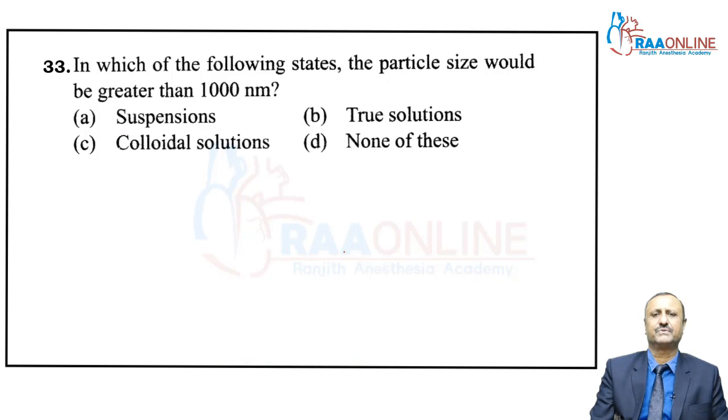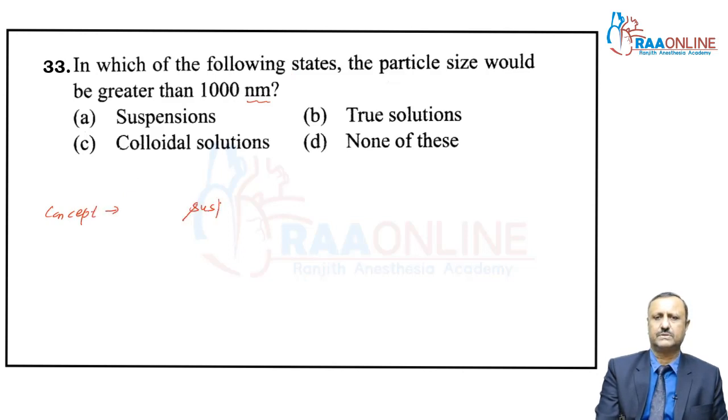Now, question number 33. In which of the following states would the particle size be greater than 100 nanometer? My dear students, when the particle size is greater, a colloidal solution is not present. Here the particle size of a suspension is always greater, because what is a suspension?